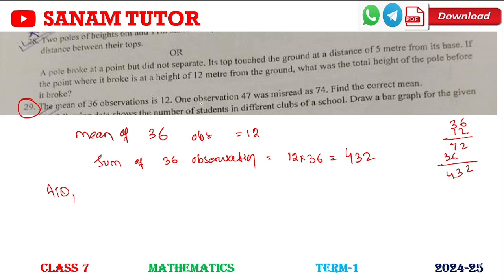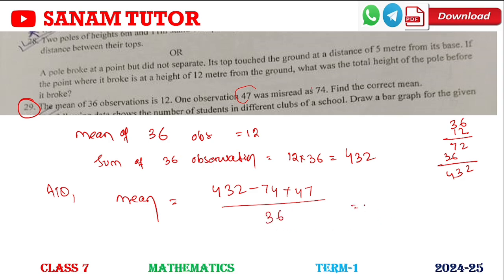So now, according to question, the mean is given. That is, sorry, one observation 47 was misread. Okay, misread means the mean equal to, so total is 432. The 47 was misread as 74, means first we subtract 74 because 74 is wrong. The correct is 47, so add the correct, that is 47, divided by total number 36.